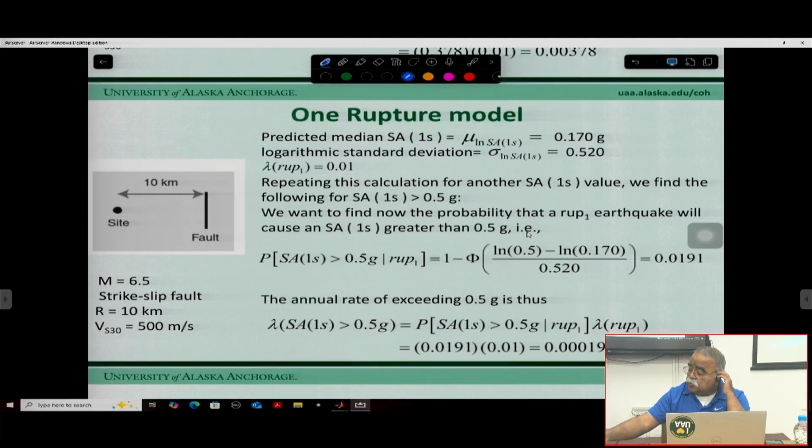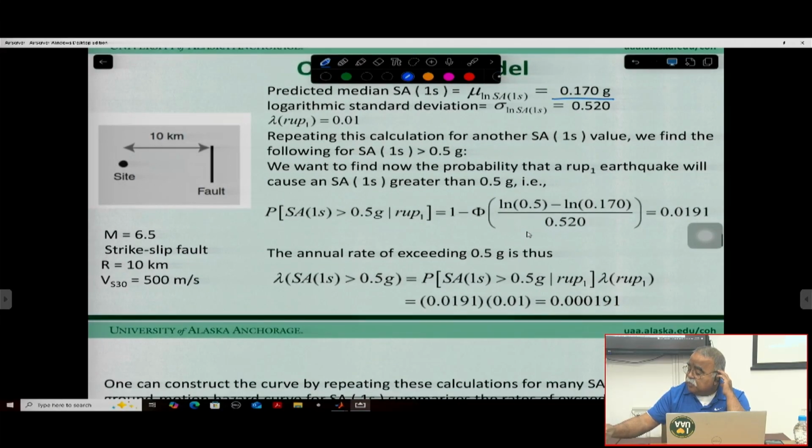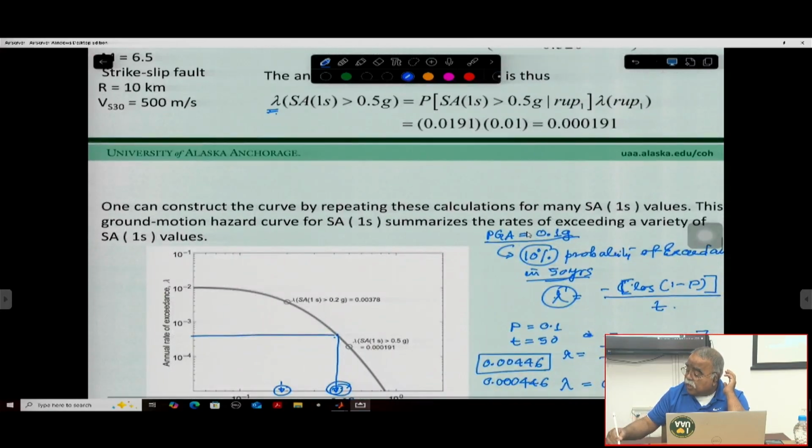Say suppose the predicted acceleration is 0.717 G, and we try to calculate what the lambda value will be. So I have been given the G value, I have calculated the lambda, and that lambda I had plotted here.